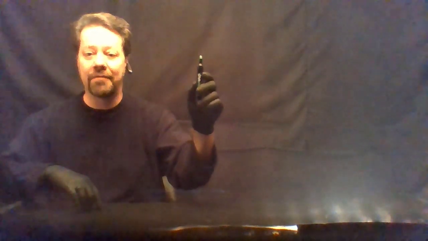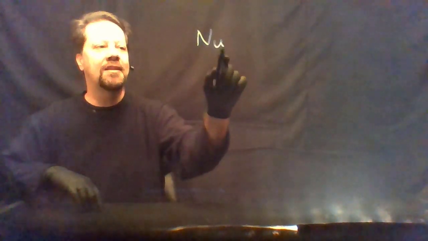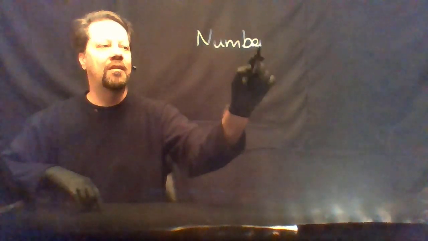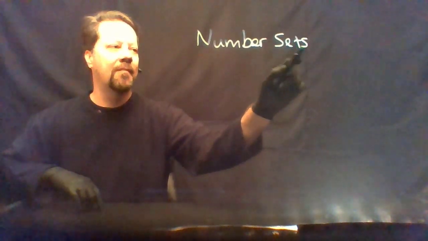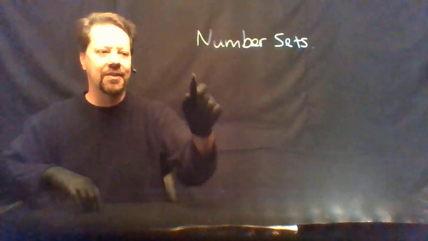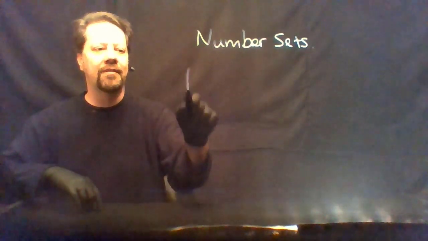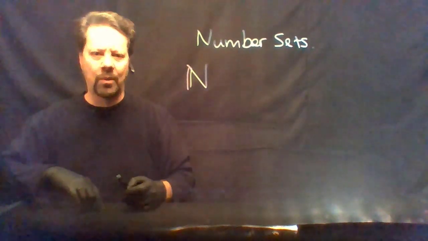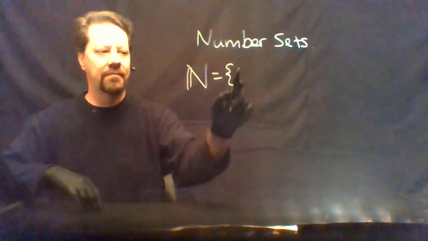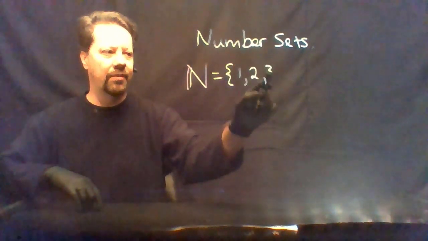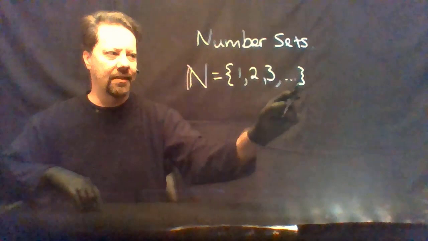I also realize many of you don't understand the notation for the different number sets. So before embarking on a definition of vector space, let's talk about number sets and their various notations. First of all, we have something called Blackboard Bold N. That includes 1, 2, 3, and so on.